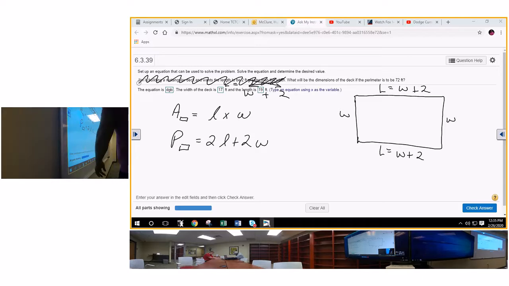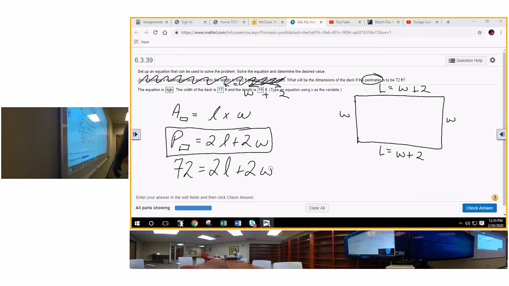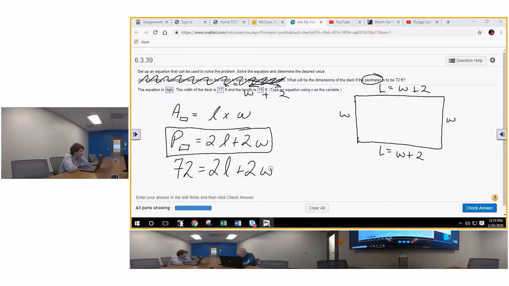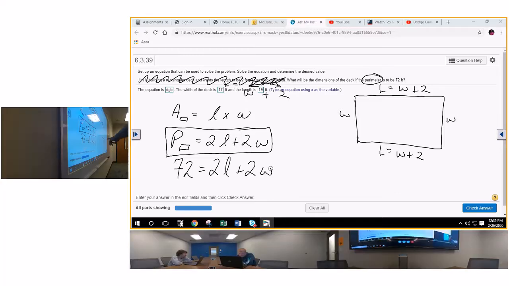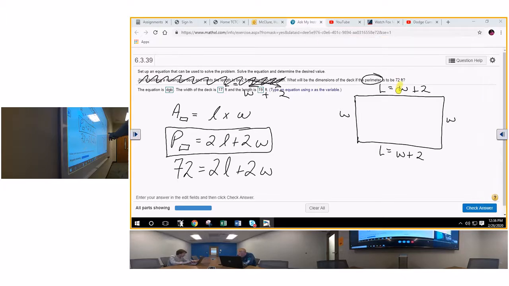What will be the dimension if the what? Perimeter. Dang old perimeter's right here. So we're going to say 72 is equal to 2L plus 2W. So I'm going to plug in this W plus 2 for what? Yep.